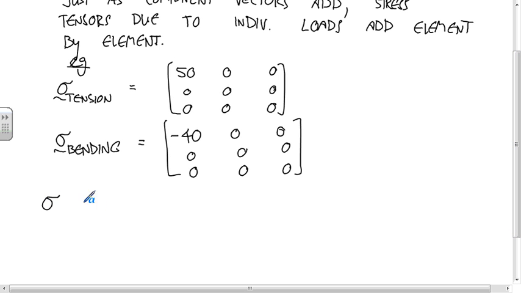And you had a stress tensor due to shear force that was equal to 0, positive 20. It has to be symmetric, so there'd be a 20 there, and everything else zeros.